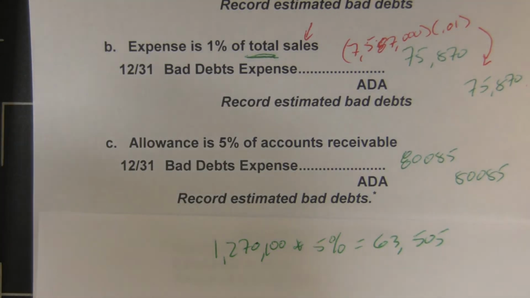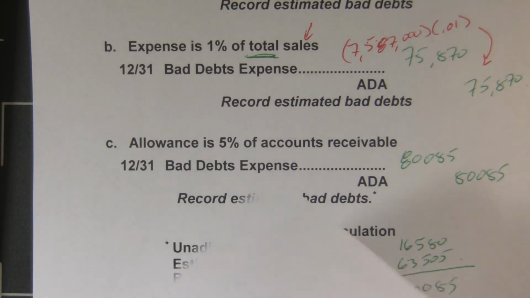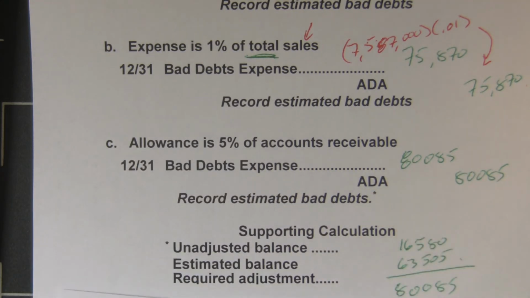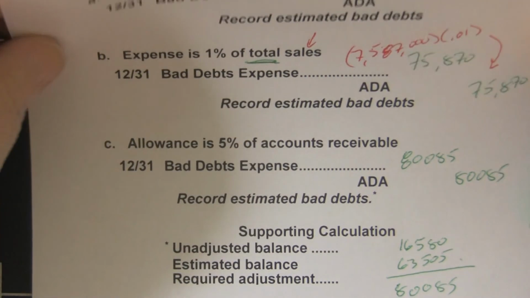But remember, there is a debit balance in the allowance for doubtful accounts. So the debit balance was $16,580. That was given to you. They told you that's what was there.